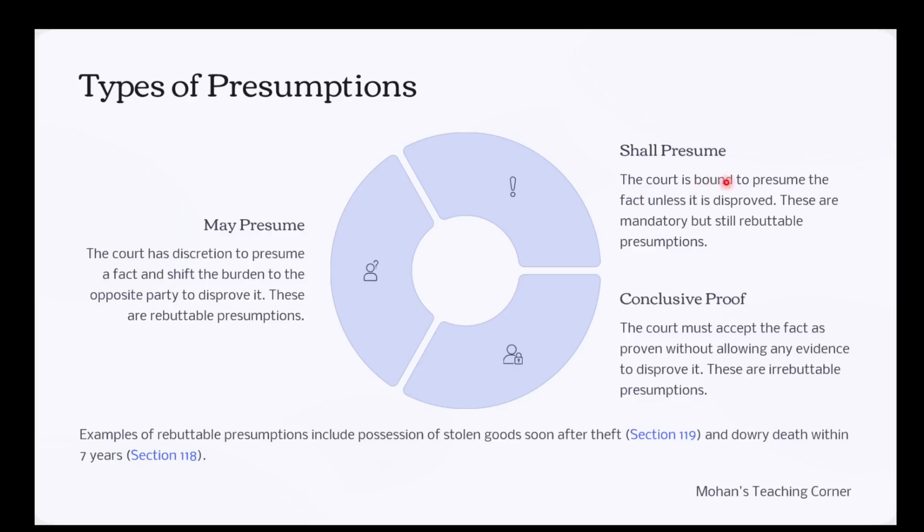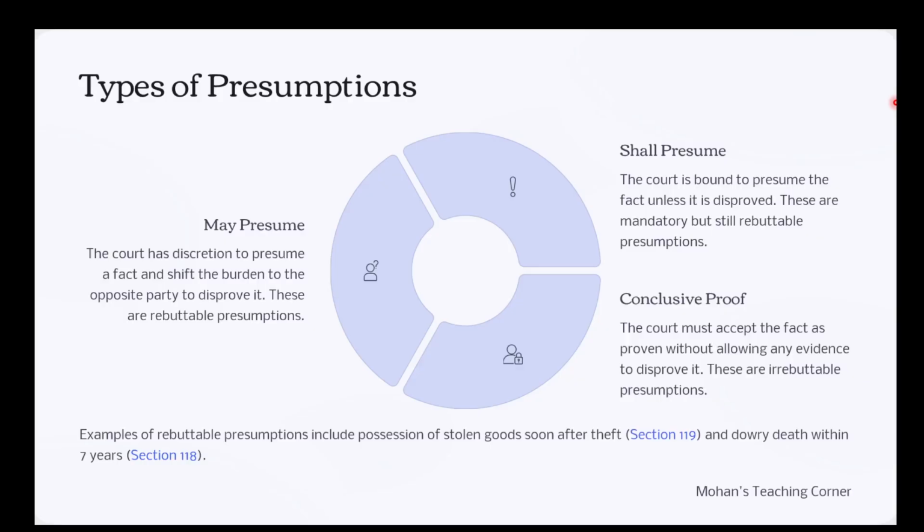So, shall presume: the court is bound to presume the fact unless it is disproved. These are mandatory but still rebuttable presumptions. Conclusive proof: the court must accept the fact as proven without allowing any evidence to disprove it. These are irrefutable presumptions. So, types of presumptions are may presume, shall presume, conclusive proof.